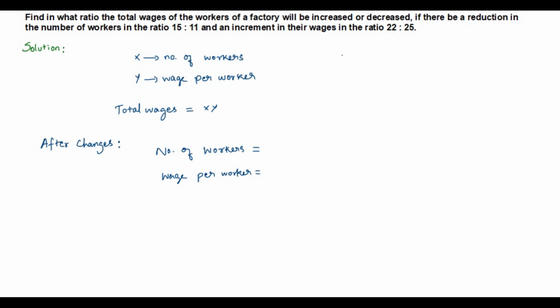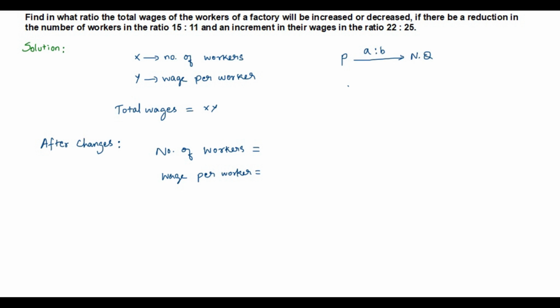To find this, there is a formula. For example, let us assume a quantity P. Now this quantity P is going to be changed in the ratio A:B. After P is changed in the ratio A:B, what will be the new quantity?